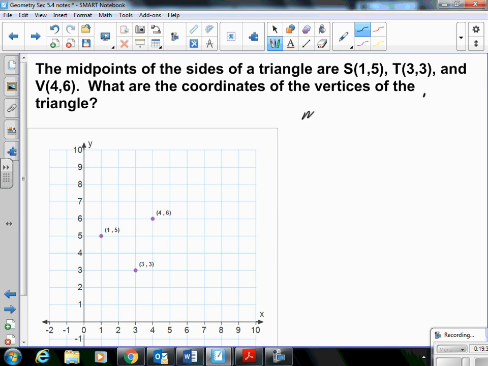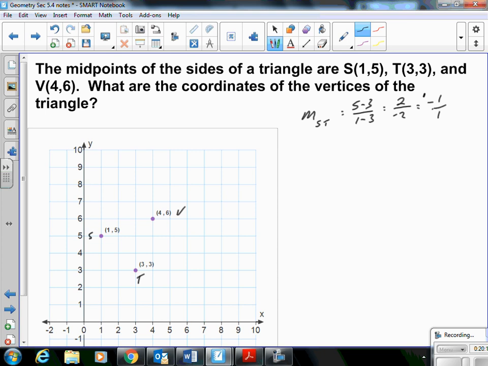So if I start with the slope of ST, which S is at 1,5 and T is at 3,3, makes this one V. So if I do ST using the slope formula, 5 minus 3 over 1 minus 3, gives us 2 over -2, or that reduces to -1 over 1.